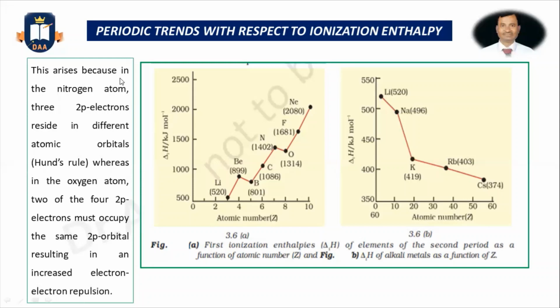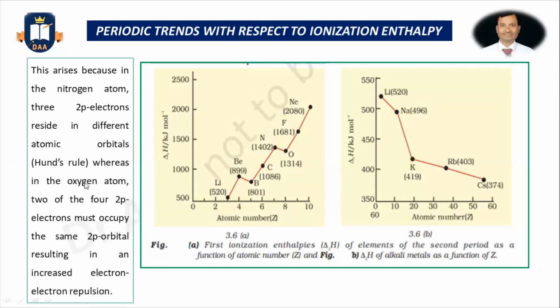This arises because in the nitrogen atom, the 2p electrons reside in different atomic orbitals, that means Hund's rule, whereas in the oxygen atom, 2 of the 4 2p electrons must occupy the same 2p orbital, resulting in an increased electron-electron repulsion.